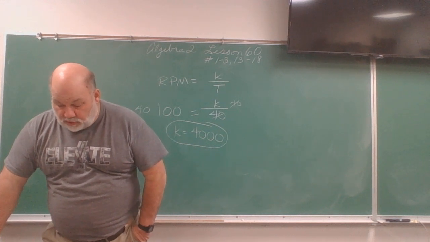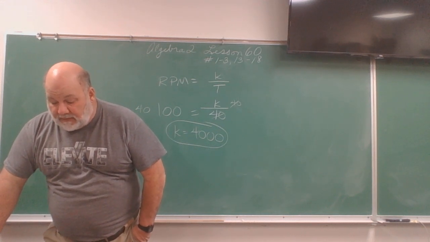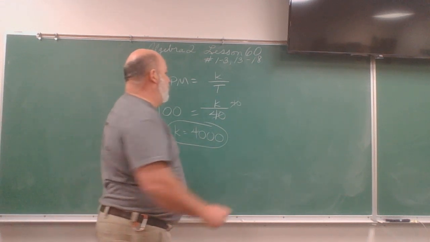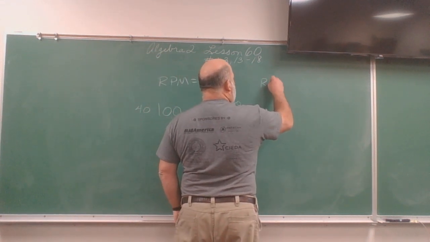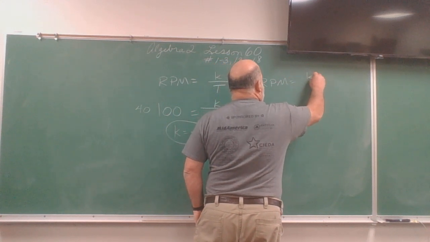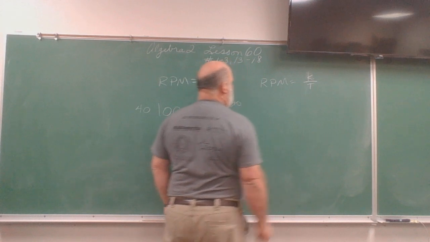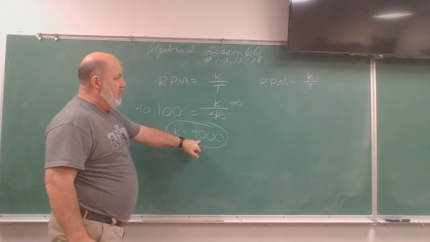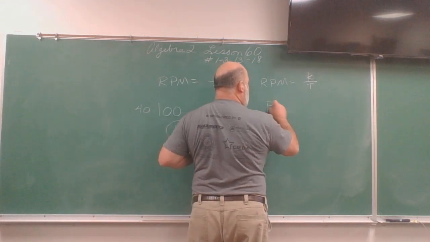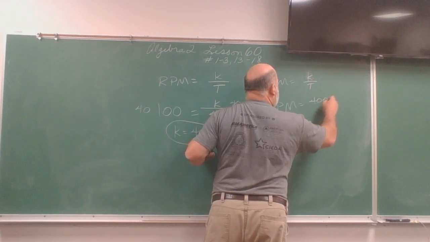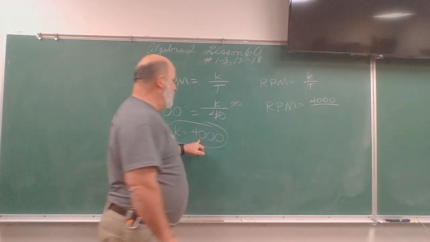What is the question? It says, what would be the RPM if the gear had 30 teeth? Well, RPM equals K over teeth. And we just solved for K. That's 4,000. RPM equals 4,000 over the number of teeth.